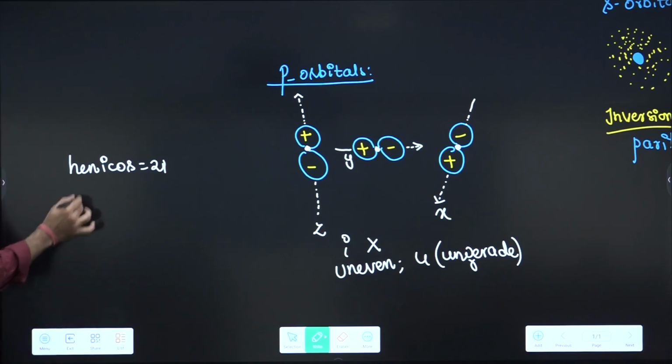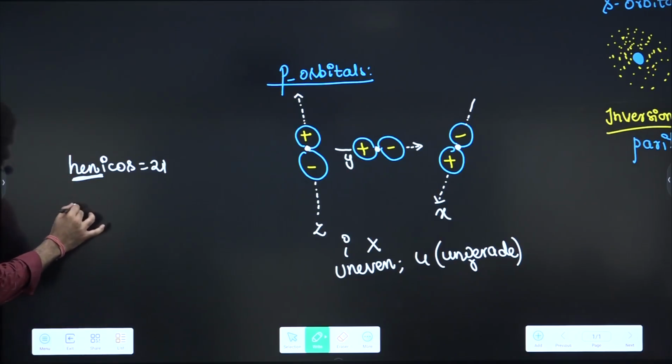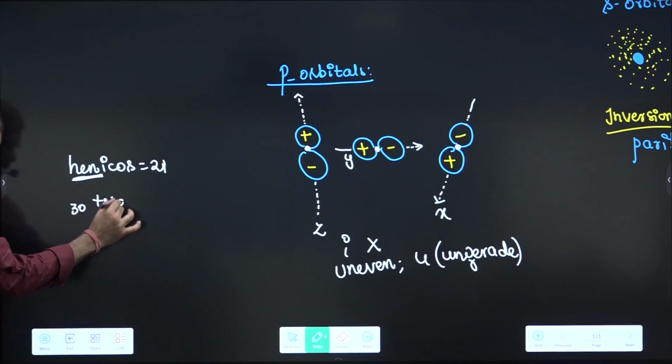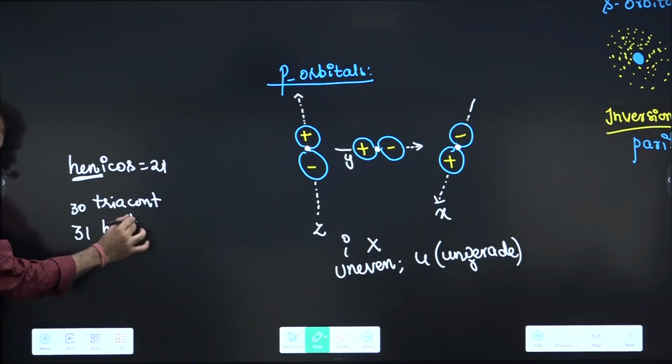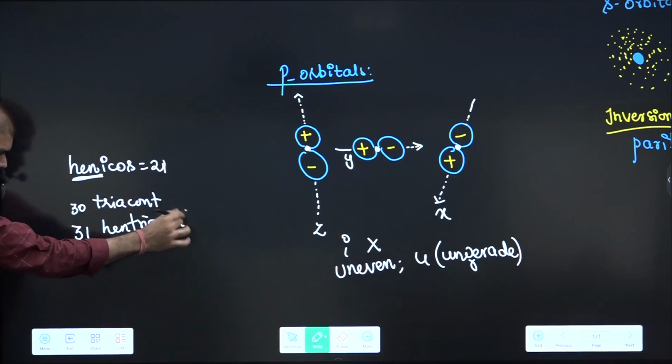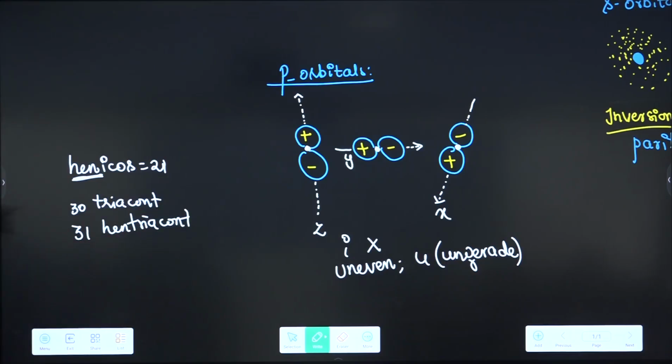Only for 21 we use hen; for 11 you use un. Suppose 30 is triacont, what is 31? Hentriacont. Later we use hen, not un.